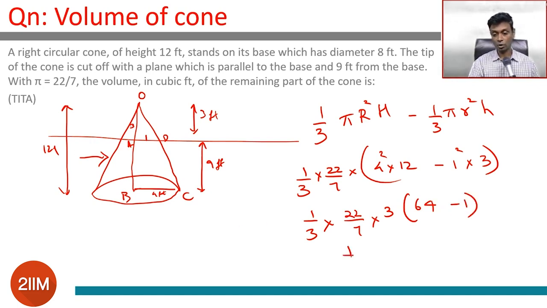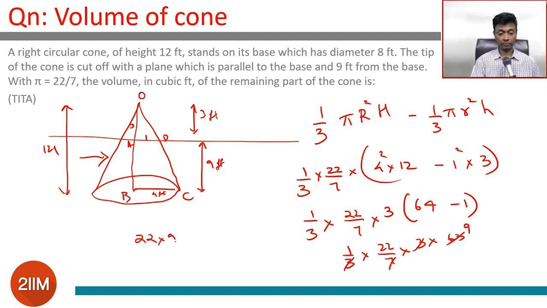Or this is 1/3 into 22/7 into 3 into 63. This goes off. 63/7 is 9. We're looking at 22 into 9 equal to 198 cubic feet.